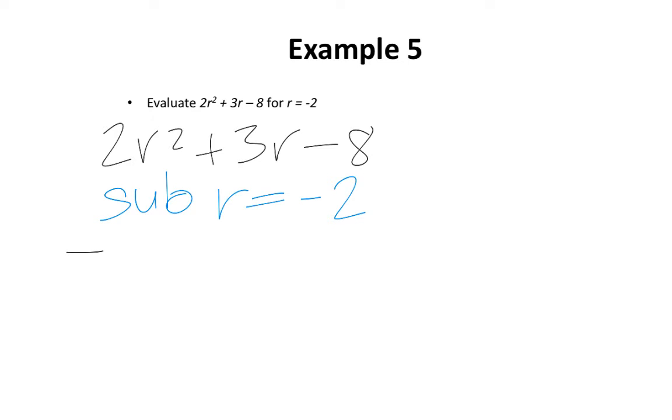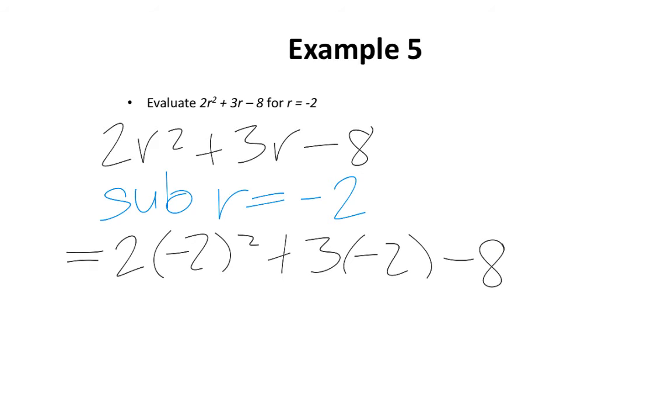Next, we are going to replace the variable of r with negative 2 in brackets. Again, at this point, you're going to need to follow BEDMAS, which means we're going to have to deal with the exponents, do some multiplication, and it looks like do some addition and subtraction. Let's deal with the exponents first.